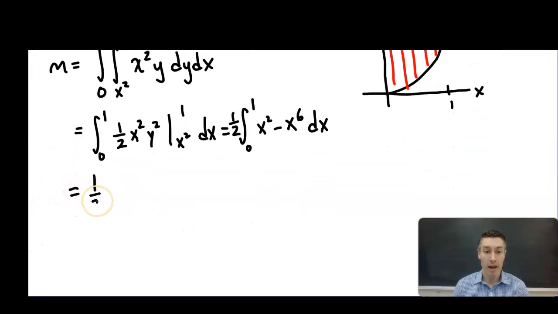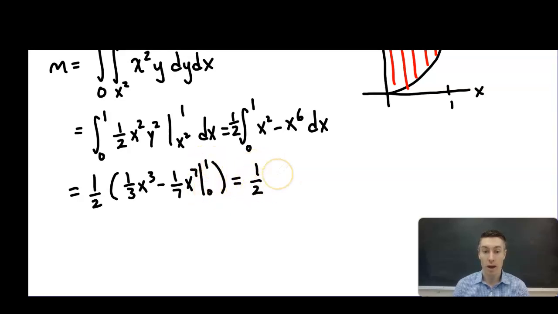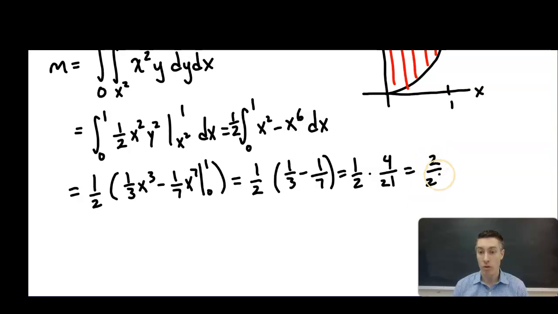So we get 1 half times 1/3 x cubed minus 1/7 x to the 7th, evaluated from 0 to 1. So 1 half times 1/3 minus 1/7 is equal to 1 half times 7 over 21 minus 3 over 21, working with common denominators, is 4 over 21, and that will give us 2 over 21.